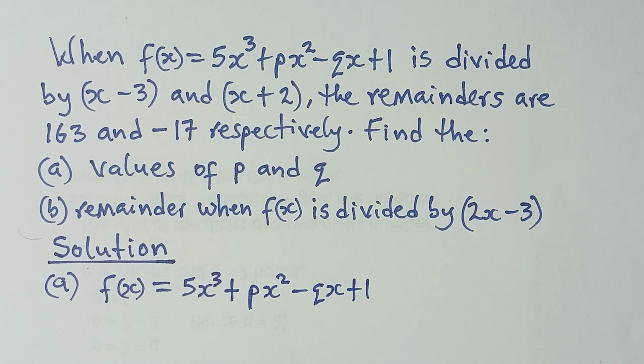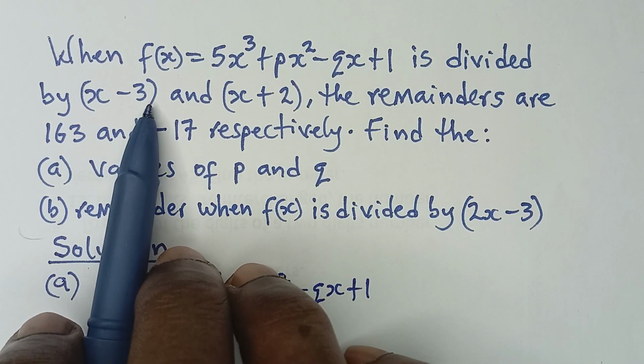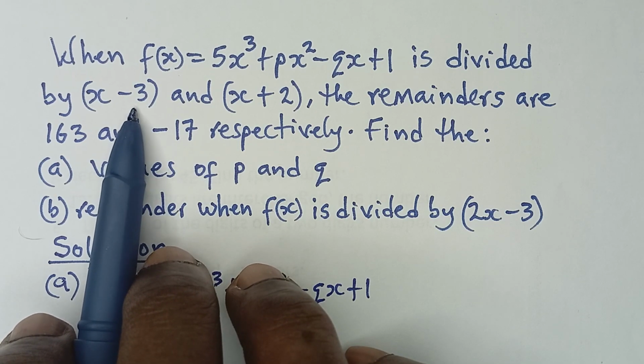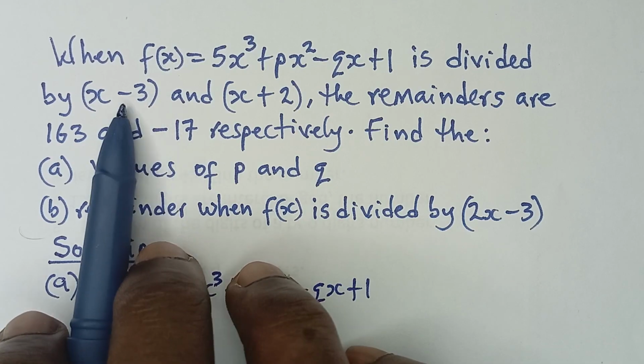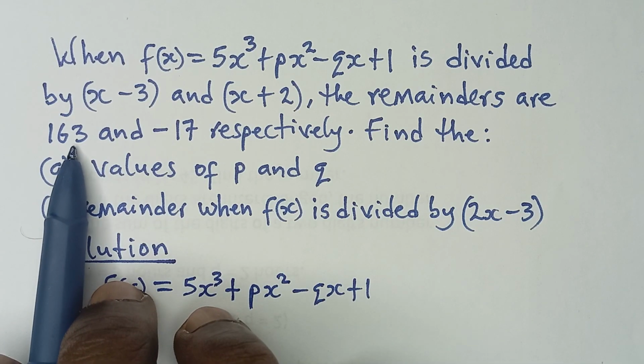Now, the first thing for us to do is to look at this first term here, which is x minus 3. This is what the polynomial was used to divide. The polynomial was divided by this, and then we had the remainder 163.